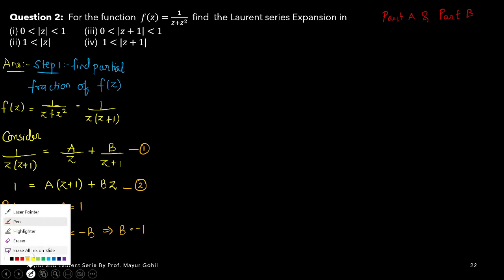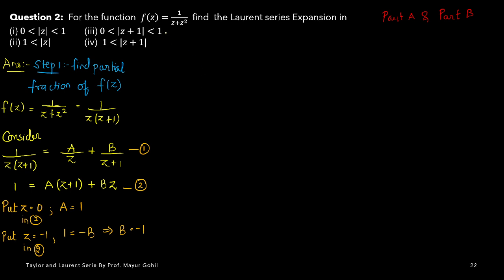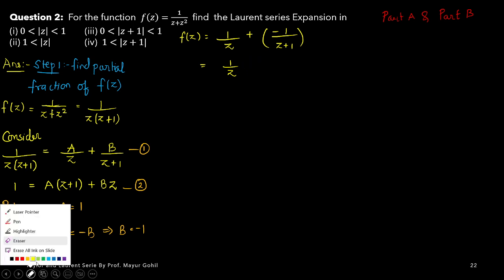So your partial fraction is f of z equal to, substituting the values, 1 over z plus, now b is minus 1, so minus 1 upon z plus 1.